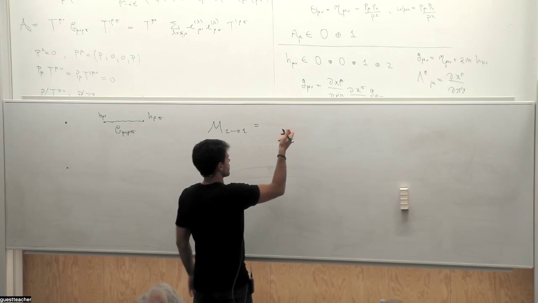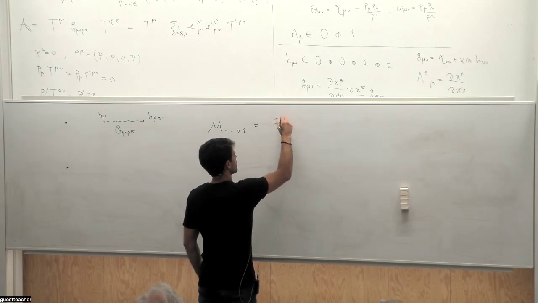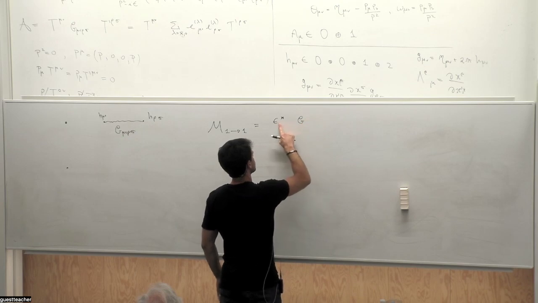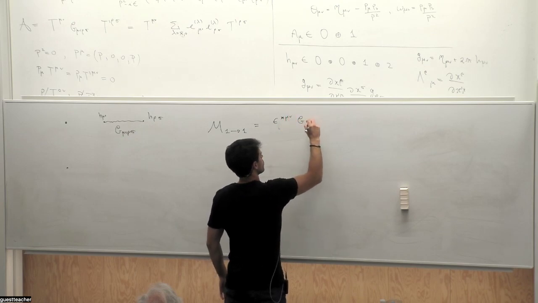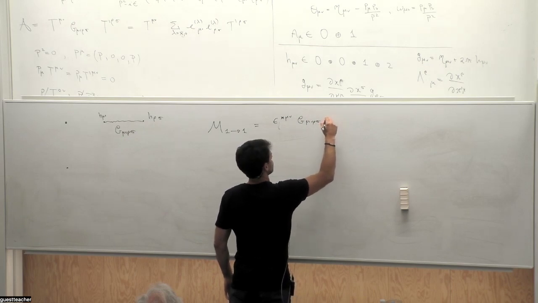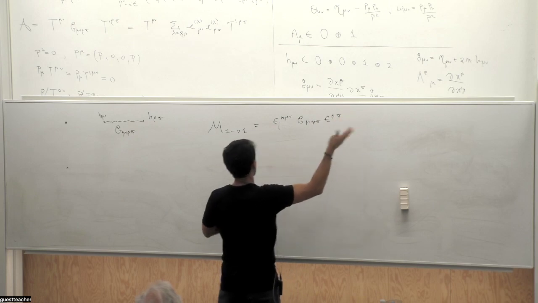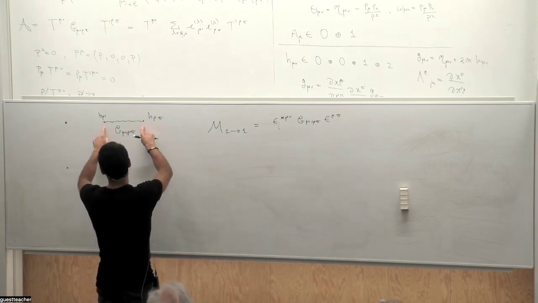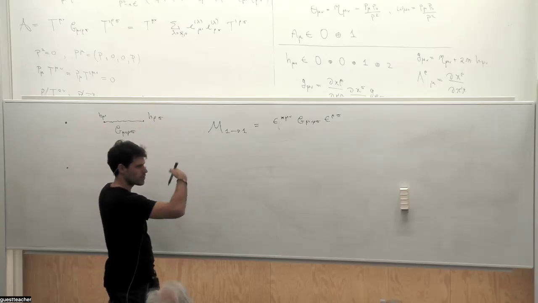It will be something like polarization tensor, propagator, polarization tensor. Using the Feynman diagram rule convention I'm using here, for each vertex I put a minus sign, and then the whole amplitude will also have a minus sign, and so on.